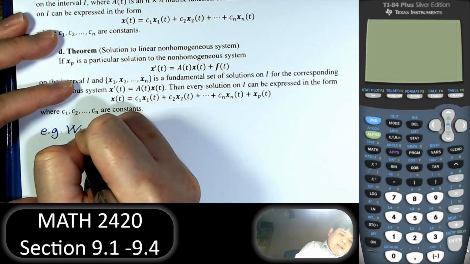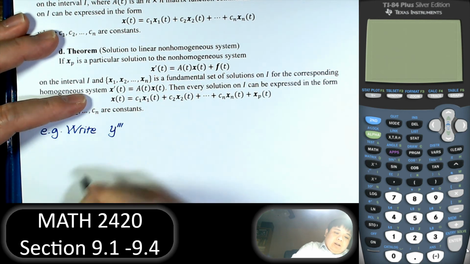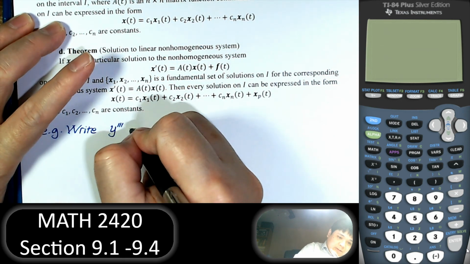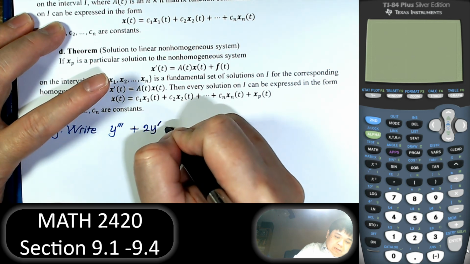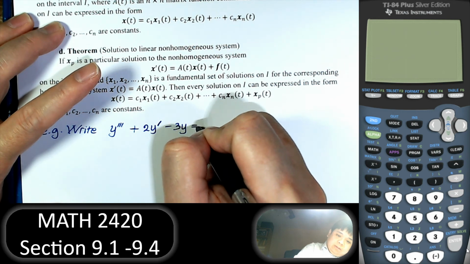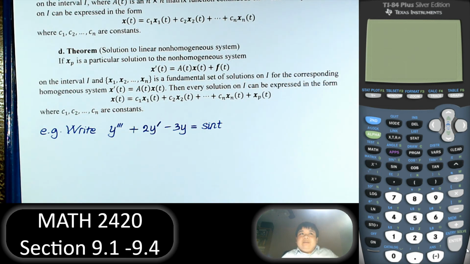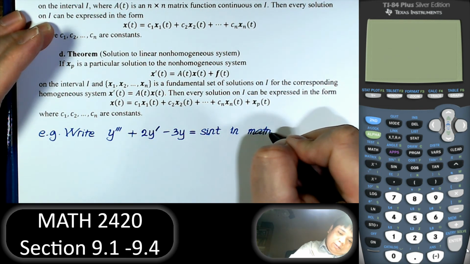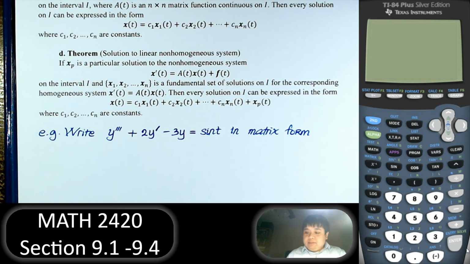So we're going to write, let's say, this one in matrix form. I just want to do one example like this before I end the section.